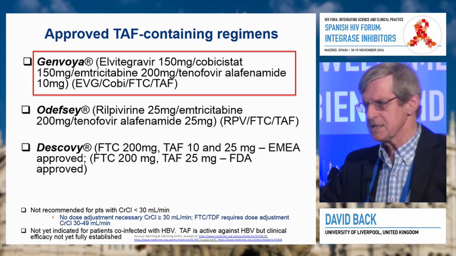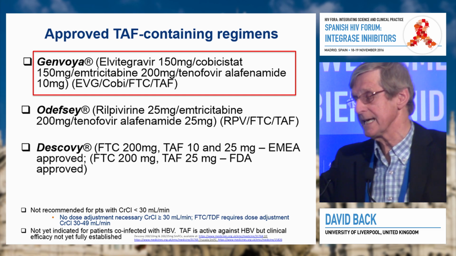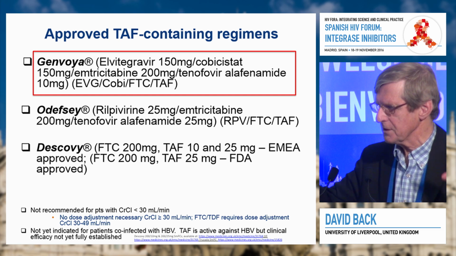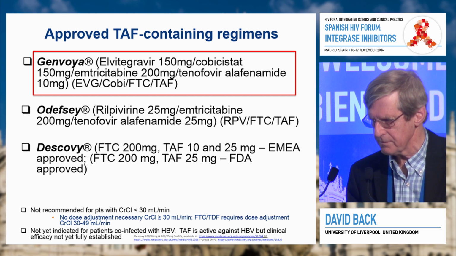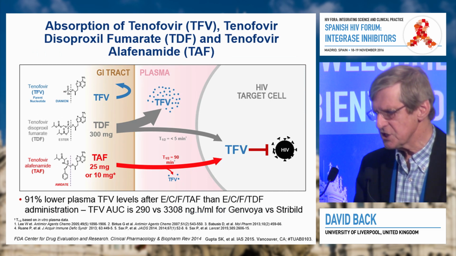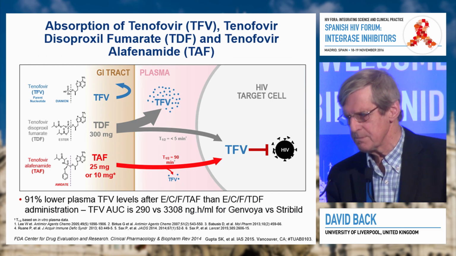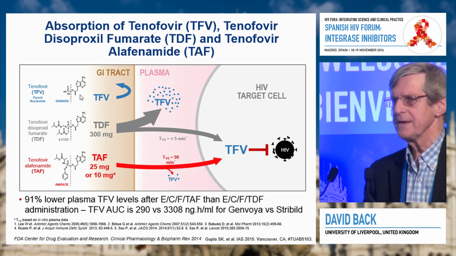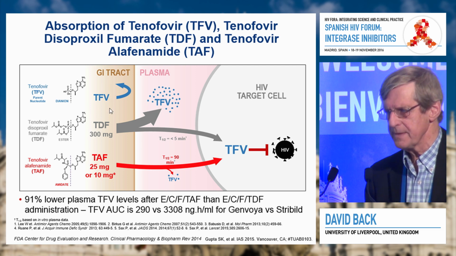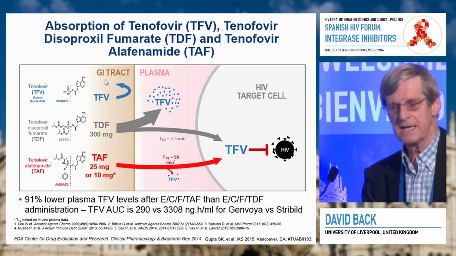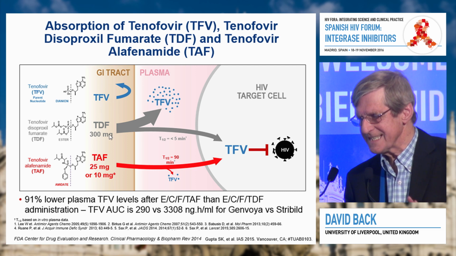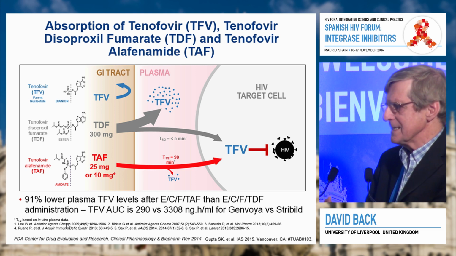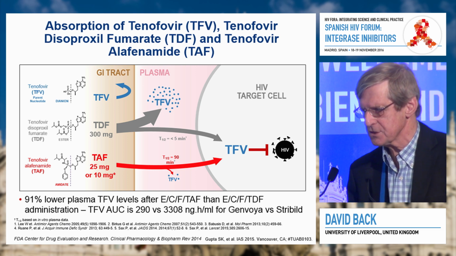So regulators have seen similar data, and they've come to different conclusions about the licensing, particularly of Descovy. So the issue, and you've seen this slide many times, is that tenofovir does not get absorbed from the gastrointestinal tract. We give tenofovir, it doesn't get into the bloodstream. We give TDF, which is a prodrug to get the drug into the bloodstream.